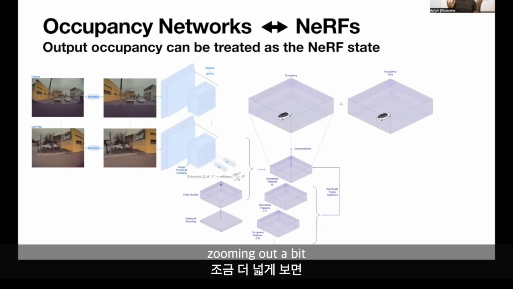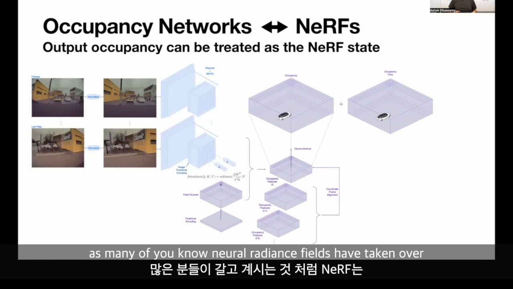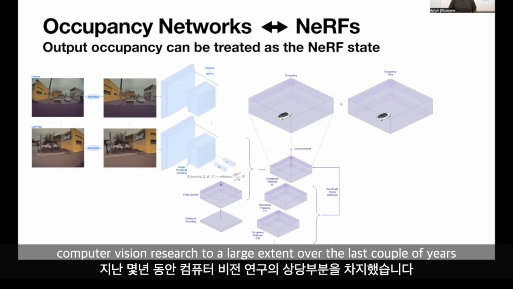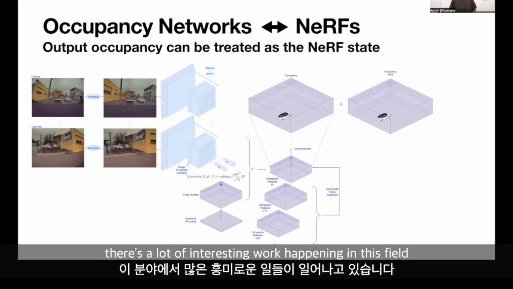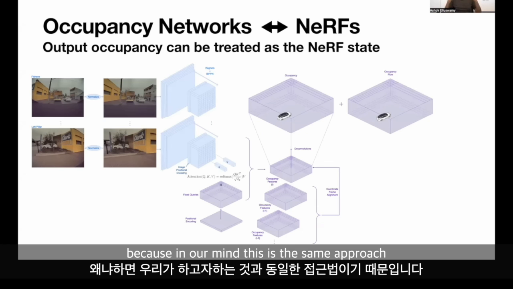Zooming out a bit, the team thinks of occupancy networks as an extension to neural radiance fields. As many of you know, neural radiance fields have taken over computer vision research to a large extent over the last couple of years. There's a lot of interesting work happening in this field. And this bodes really well for us because in our mind, this is the same approach.